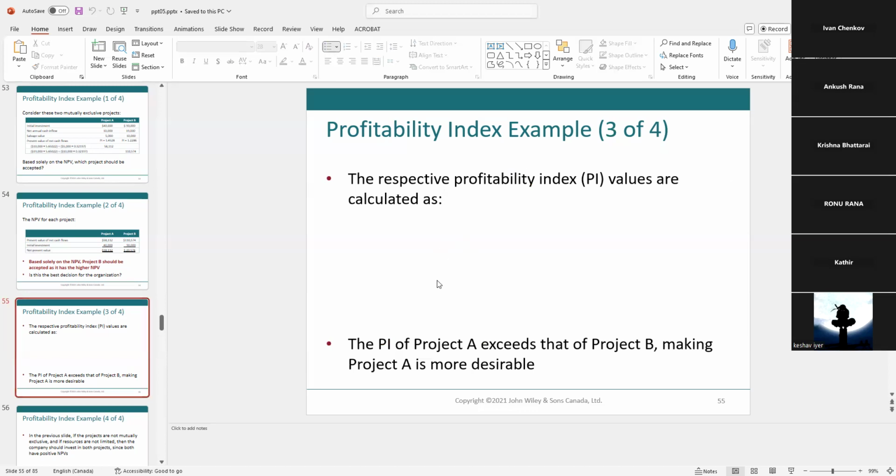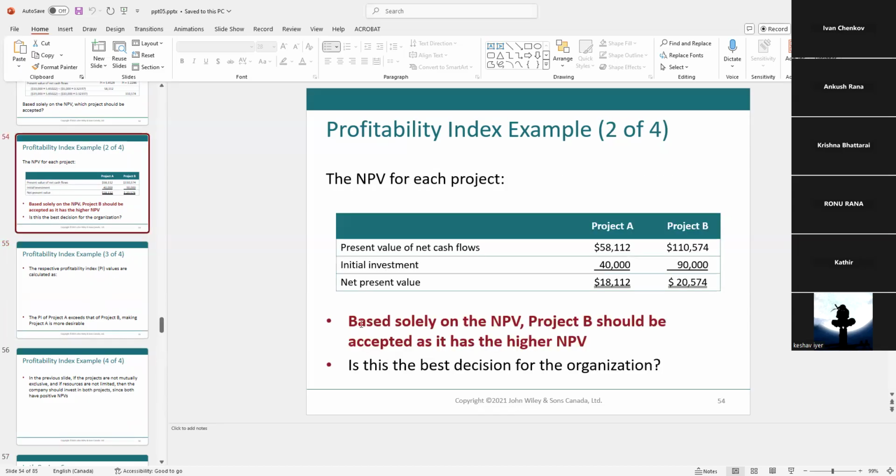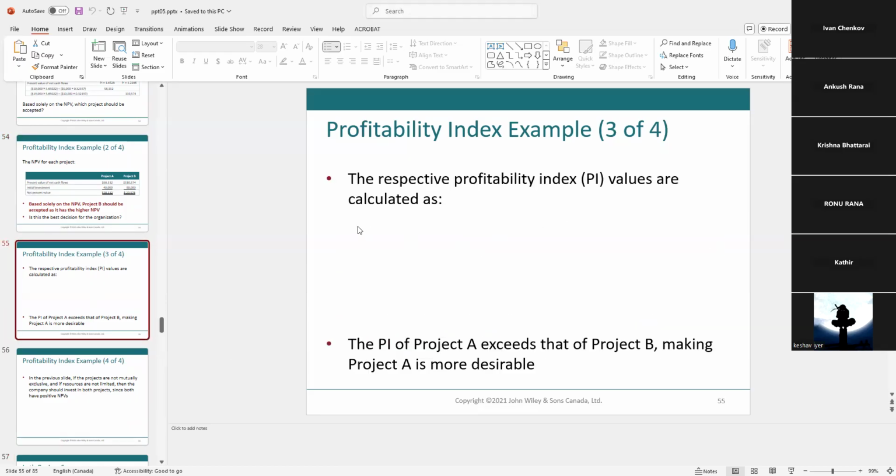For some reason the calculation is not available in the slides, sorry. But we have that calculation in our Excel spreadsheets, so I can easily copy this one and paste it right here, and you're going to have it.